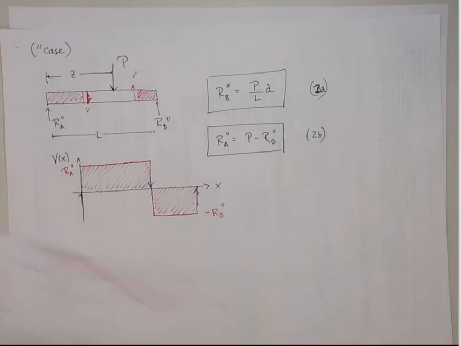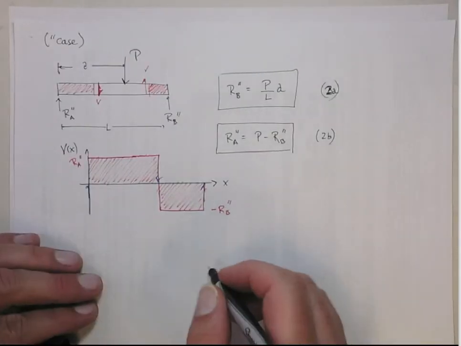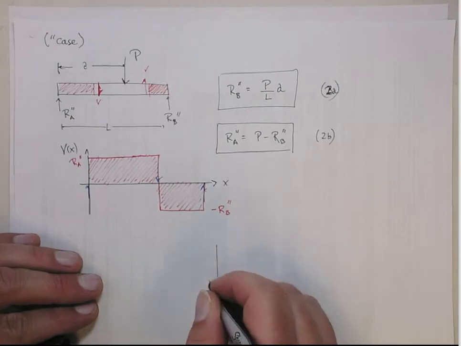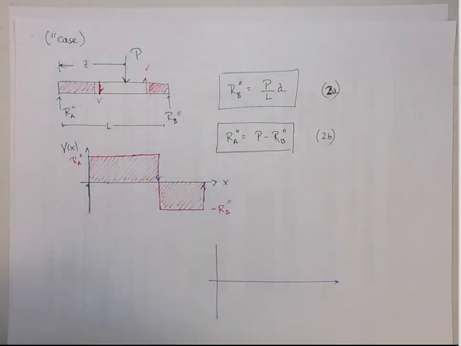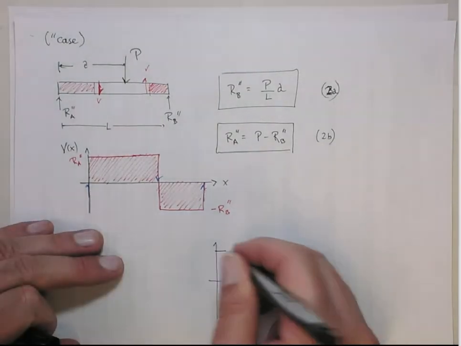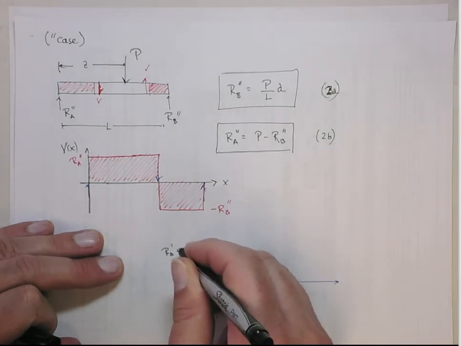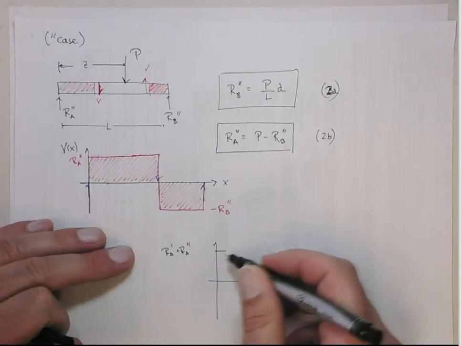So I guess if I were to sketch that up, it would be something like this, right? Again, this is going to depend on a case-by-case basis. Just do it once like this. We'll start up here at a value here. This is going to be RA prime plus RA double prime. They're both there.